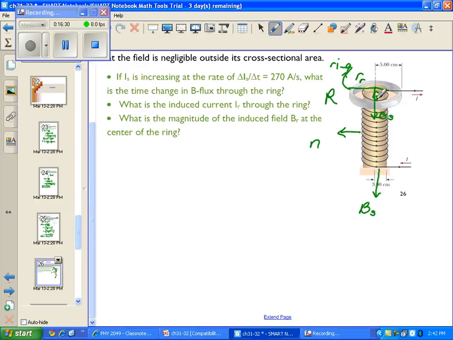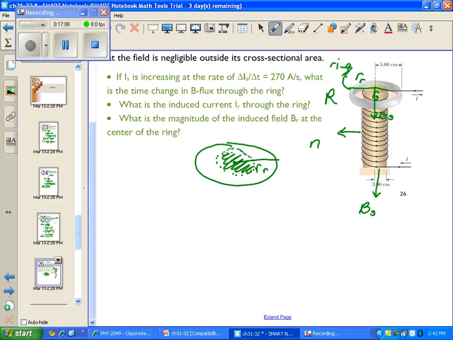However, because the magnetic field lines of the solenoid are so tight, the magnetic flux through the ring is really only going to be confined to a small area of the ring. So if this is the ring itself with its radius r of ring, because the magnetic field at the solenoid is so densely packed, only this area of the ring will be exposed to a magnetic flux.